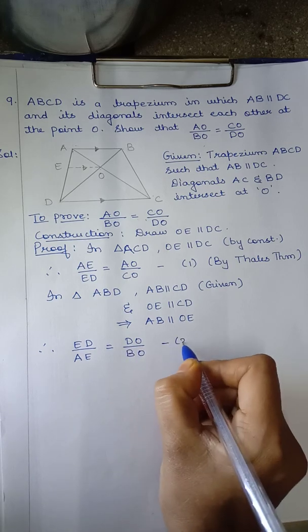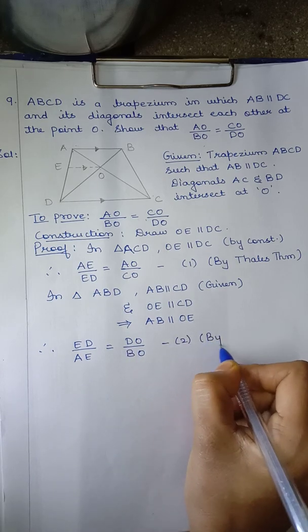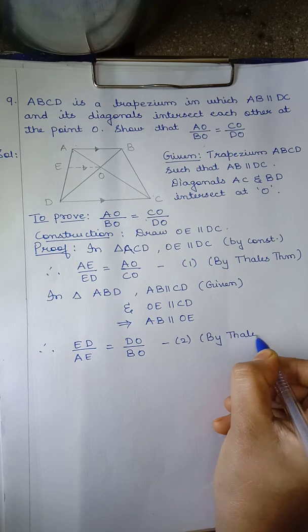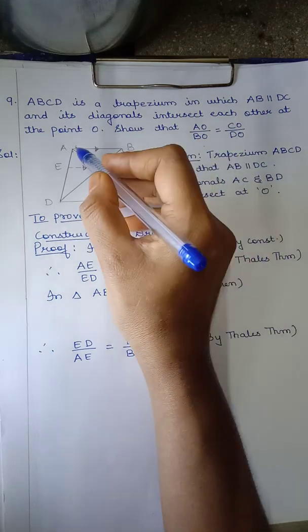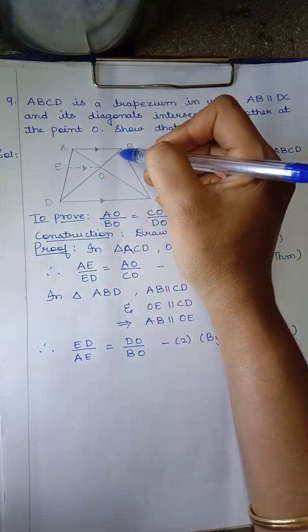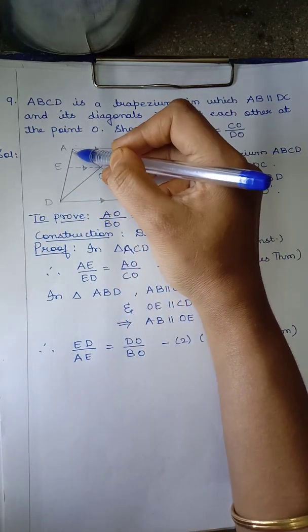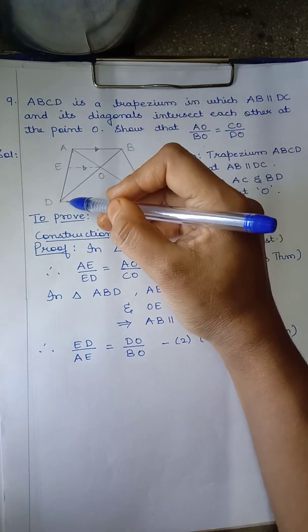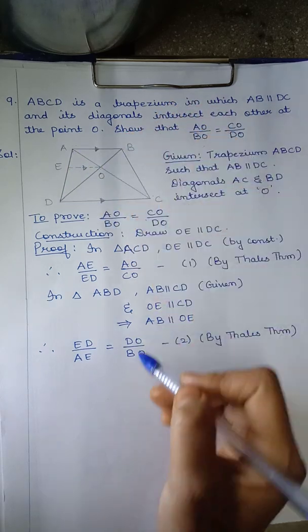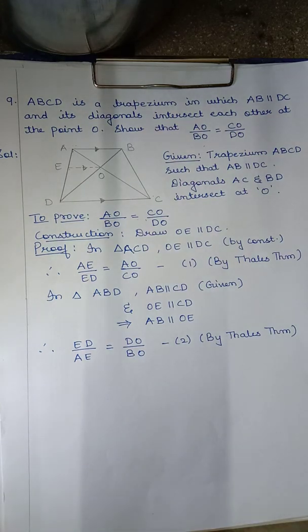This is equation 2, again by Thales theorem. So in triangle ABD, this AB is the base, and it is ED upon AE and DO upon BO according to the Thales theorem.